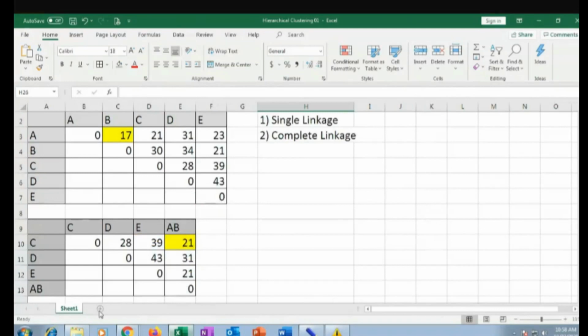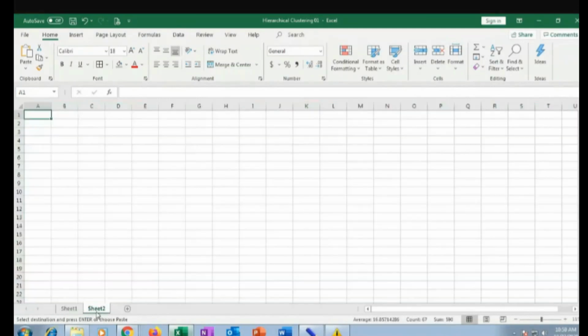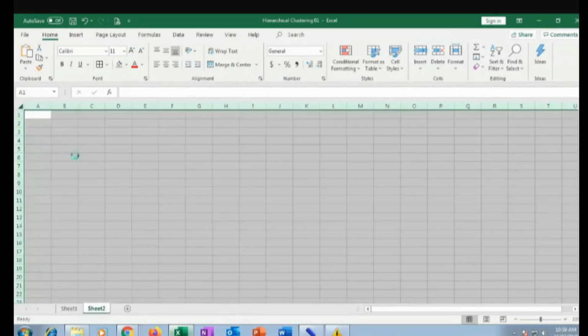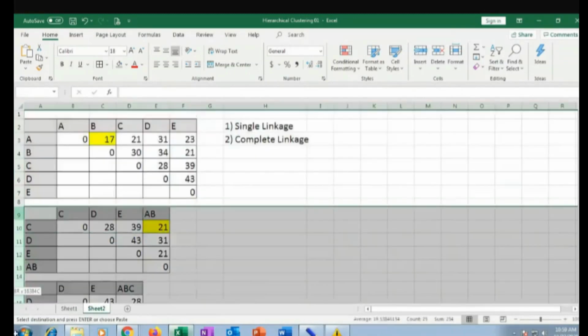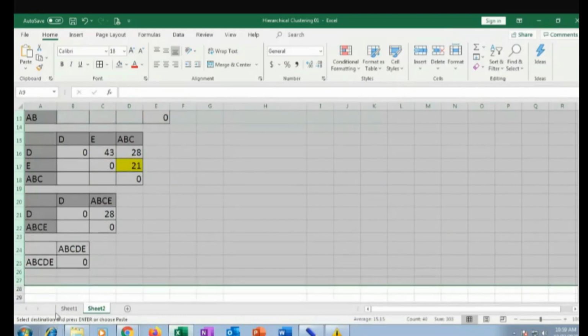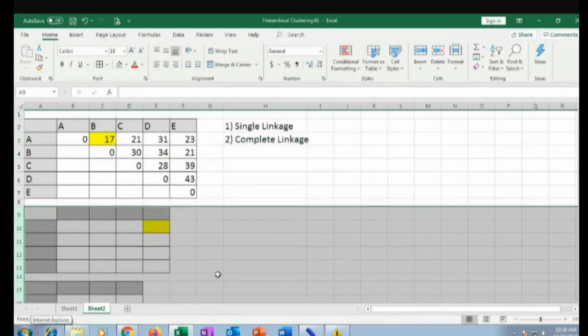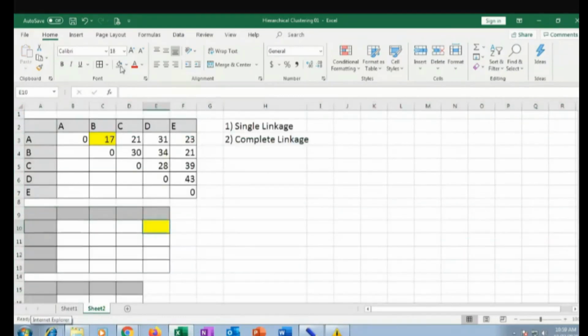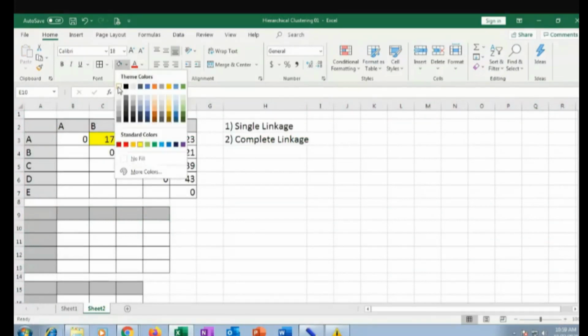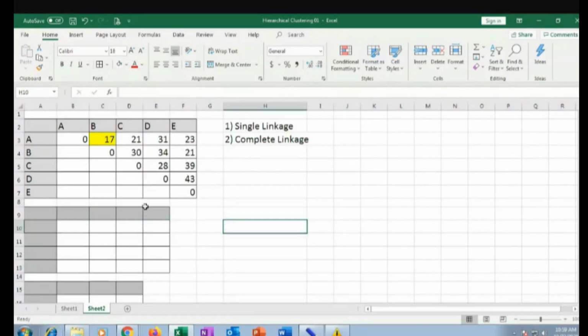Now let me just copy this in the next sheet. I'll just clear this. So now this is the same matrix.